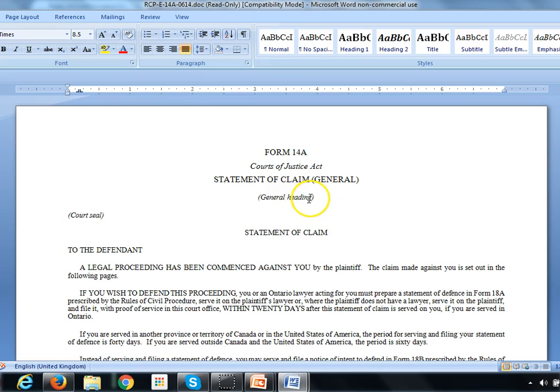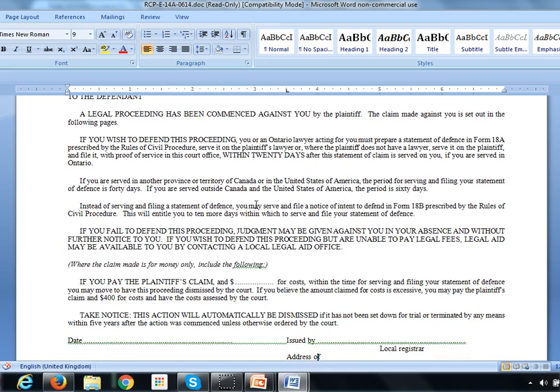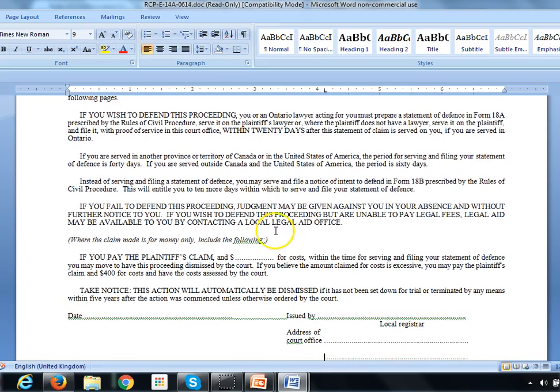So you will add in the general heading section here the information of the plaintiff and the defendant. In this case, Mary Cosner is the plaintiff, and the defendant is John Smith, so we'll have that information. And then if you scroll down, you will put down the amount.